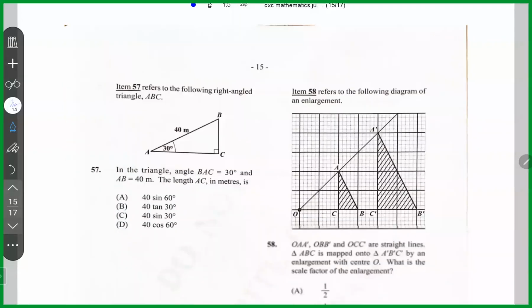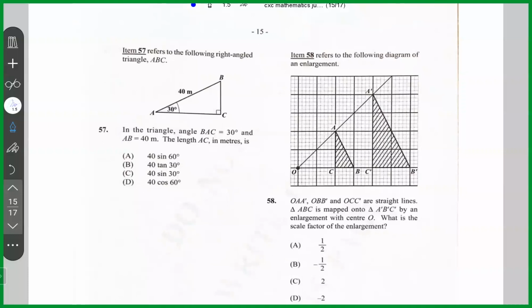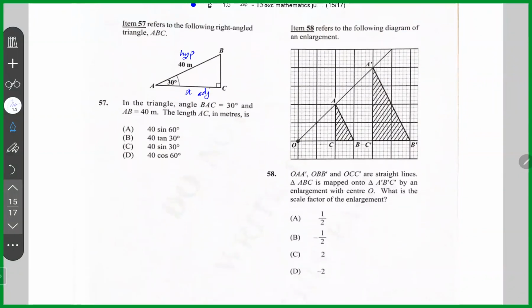Item 57 refers to the following right angle triangle, ABC. Fine, we're asked for the length of AC. Let's call it X. This is the hypotenuse. This is the adjacent side. The trig ratio that includes adjacent and hypotenuse is cosine.